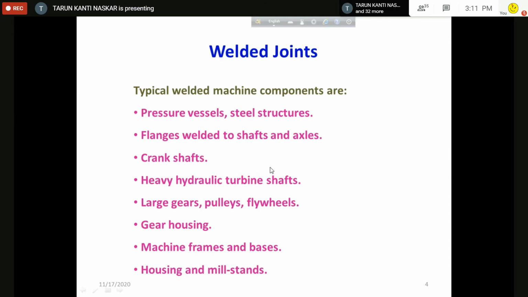Can you name anything where weldment joints are used? Sir, in windows, in some cases grills. Yes, grills. So any type of housing, that means which covers or houses something, can be done by weldment joint.